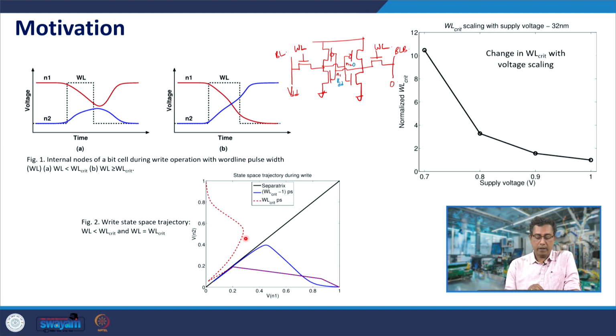As we know, there is a metastability point which must be crossed before the switching can happen. So, we are referring to this metastability point. This metastability point needs to be crossed.